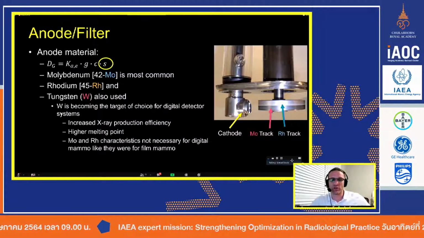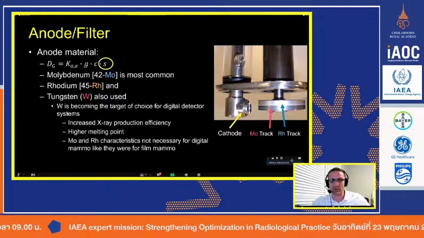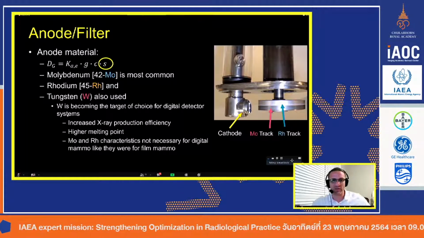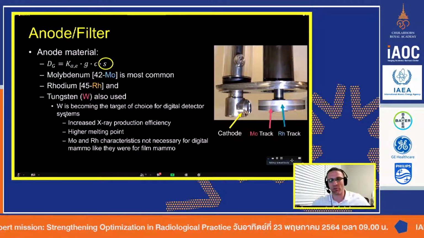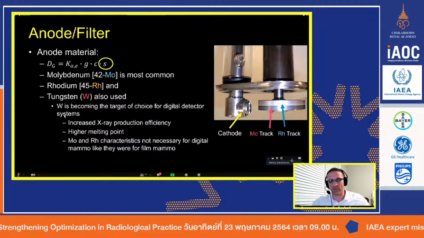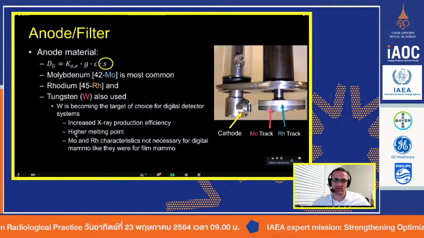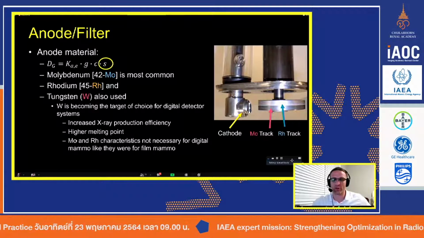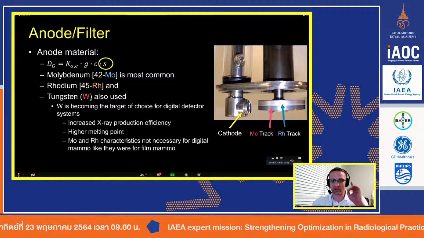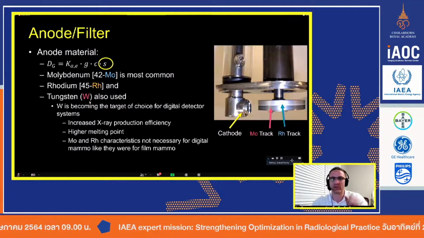And last week we talked about how tungsten has become more common. In fact, basically all new mammography systems, except for one vendor, all use tungsten now. It surprises me that we haven't 100% moved to tungsten. I'm sure at some point, maybe that one vendor will eventually move to tungsten.